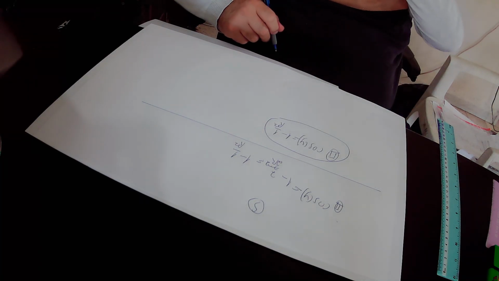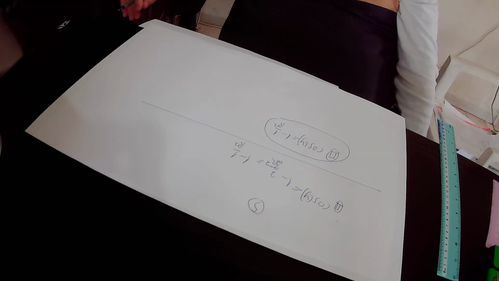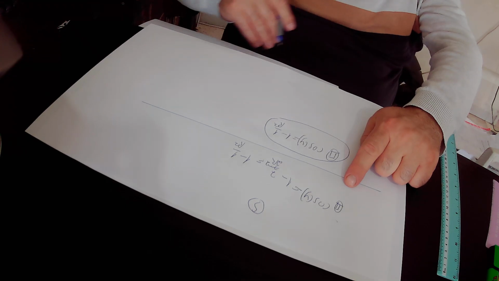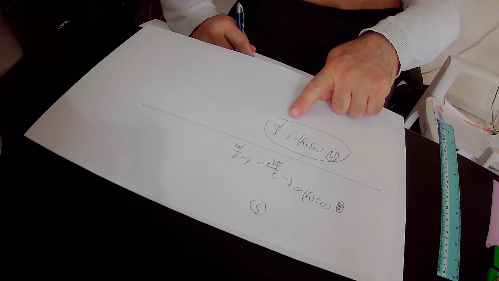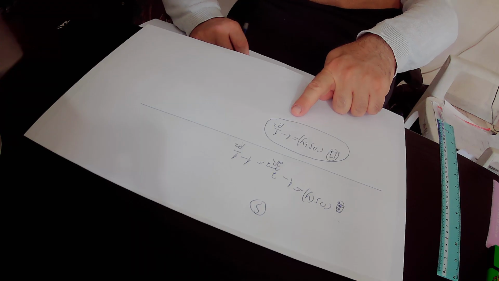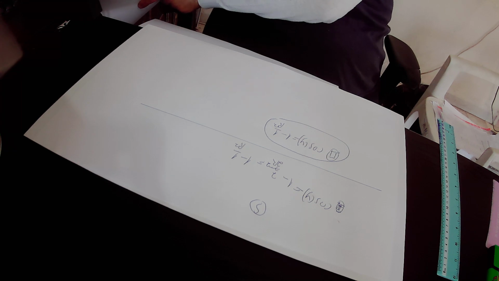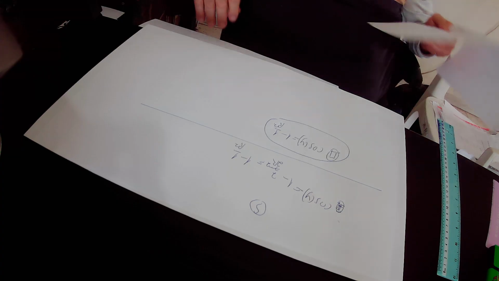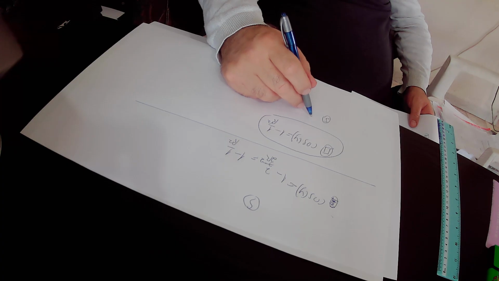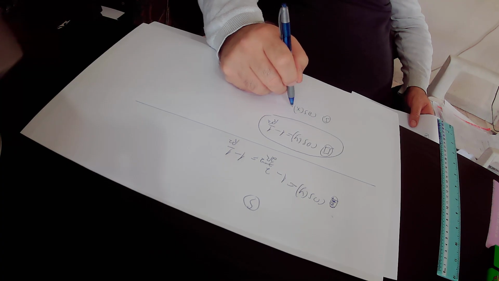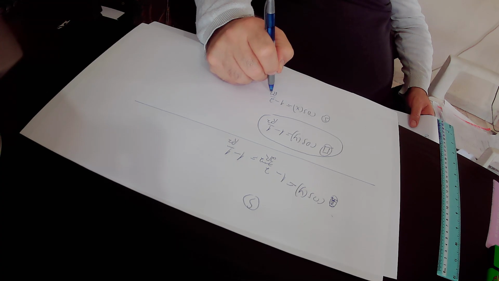While according to equation 1, we have already found out that cosine Y equals 1 minus 1 over R squared, and according to equation 1, we already found out that cosine X equals 1 minus 2 over R squared.